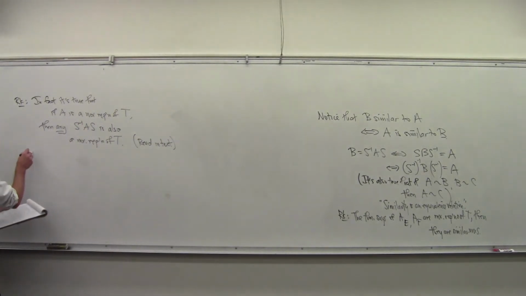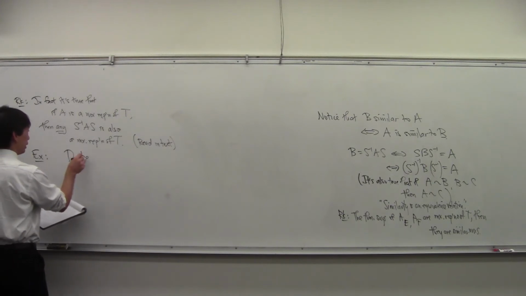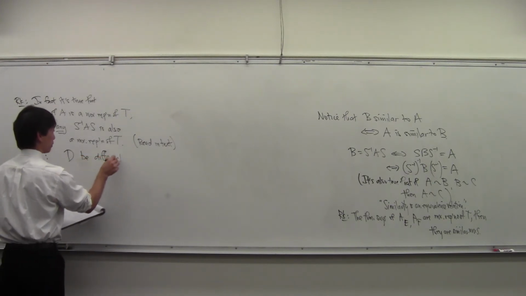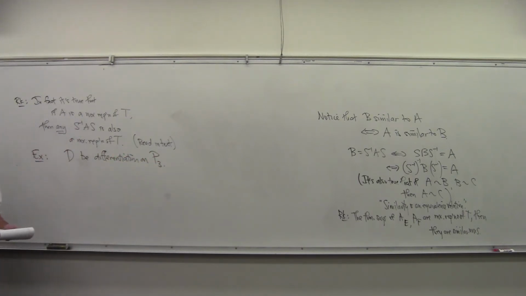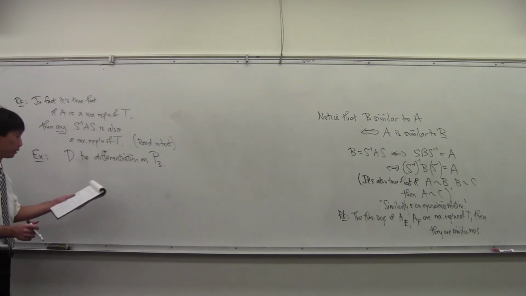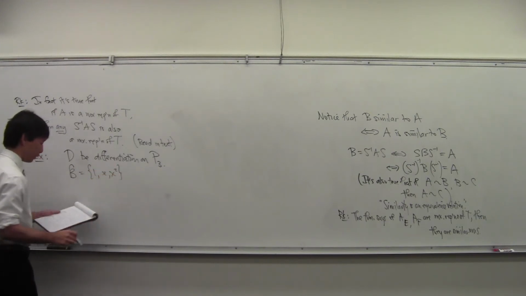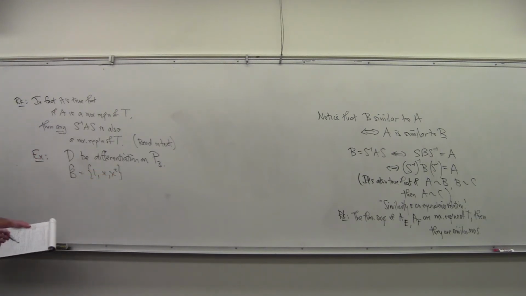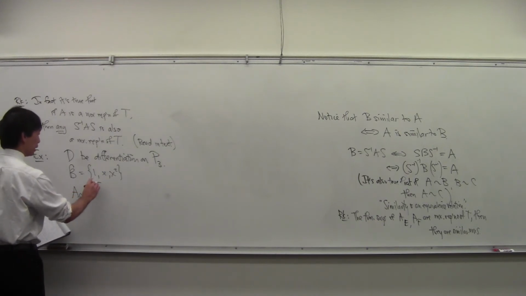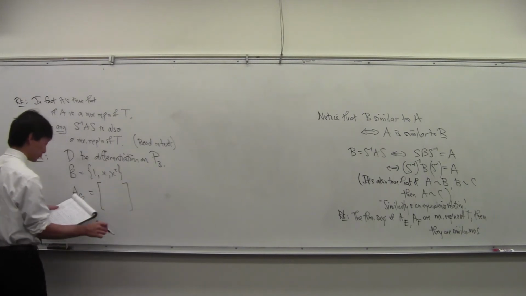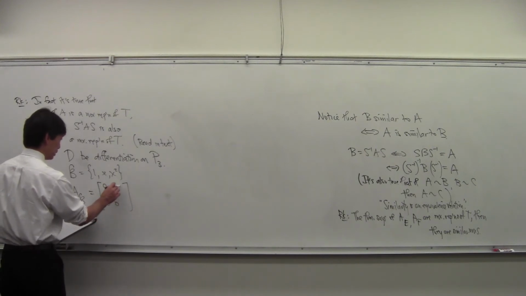Okay. So examples. Let D be differentiation on P3, the polynomials of degree less than 3. Let B be, as usual, 1, x, x squared. Then the matrix representation of D with respect to the B basis is going to be 0, 0, 0, 1, 0, 0, 0, 2, 0.